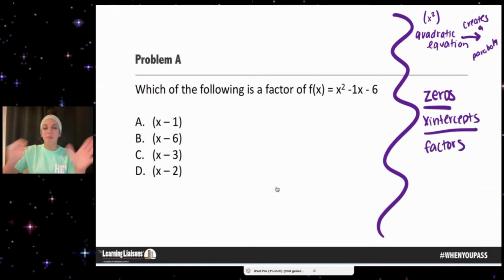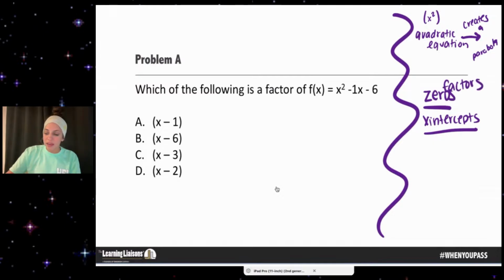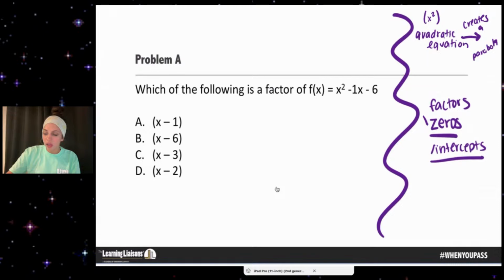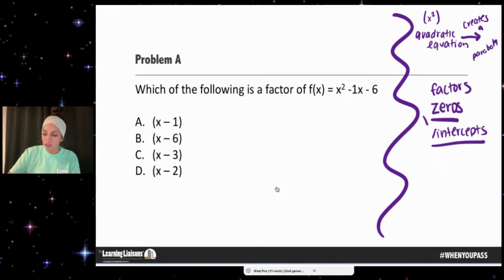It's like the step before or the step after factors. So once we factor it, then you can find the zeros and the x-intercepts. Once you find the factors, then you can find the zeros and the x-intercepts.